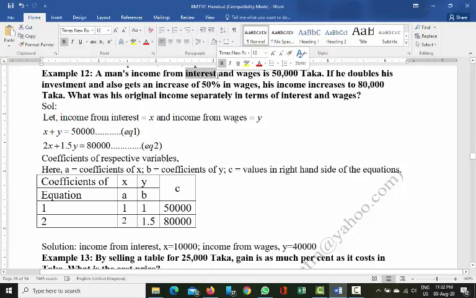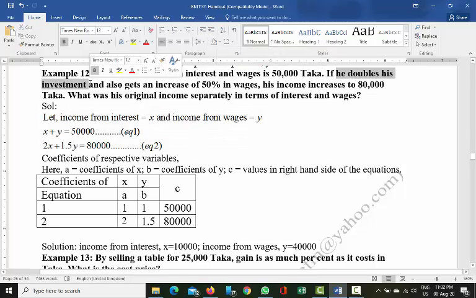So if he doubles his investment, his interest income will also double, and he also gets an increase of 50% in wages.